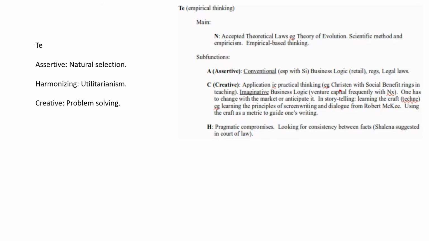Harmonizing, utilitarianism. So this relates to that pragmatic compromises thing, where they're good at evaluating. TE is a function that evaluates the level of benefit to, let's say there's two parties involved.